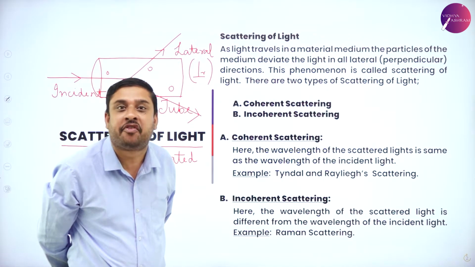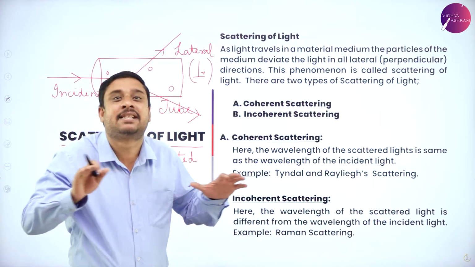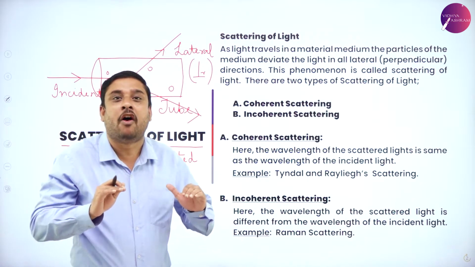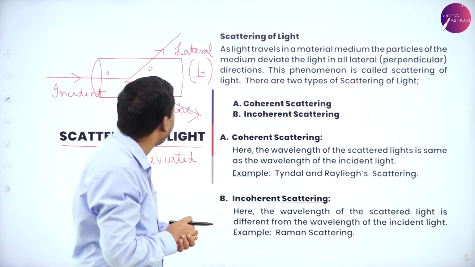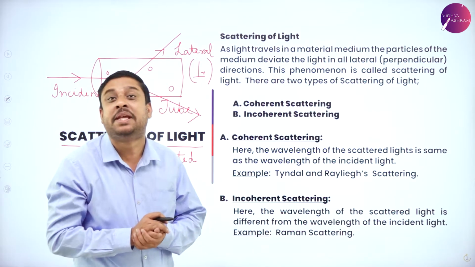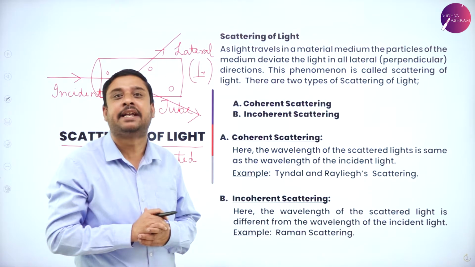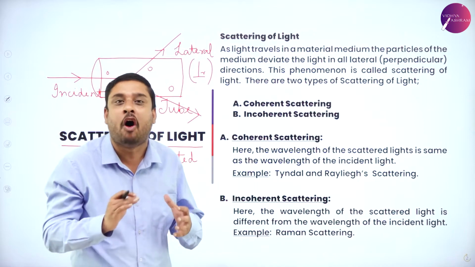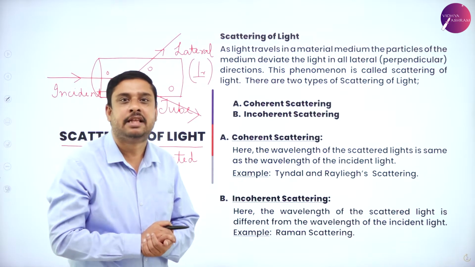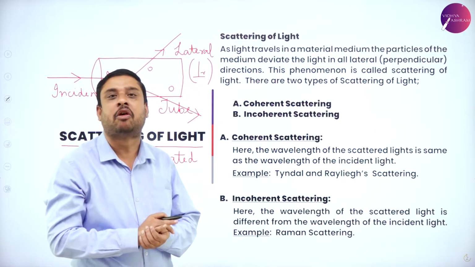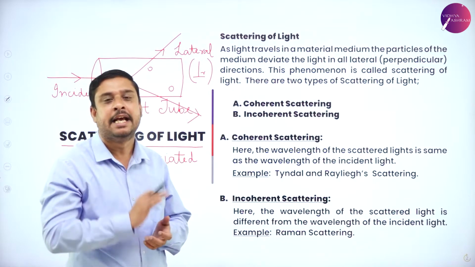So the beam of light is scattered or deviated by the particles of the medium in all lateral directions, in all perpendicular directions. And this is what we call scattering of light.